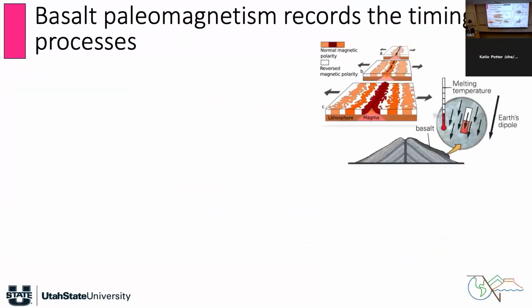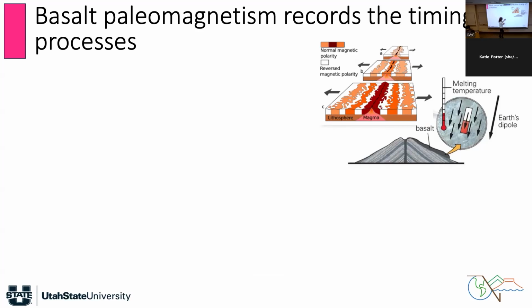Okay, another thing we can do with basalts, and this is kind of more physical or intro geology review, is use them to understand the timing of processes. And paleomagnetic reversals, polarity reversals, which signify the orientation of magnetic north relative to geographic north, are one of the key clues that were used to support plate tectonic theory.